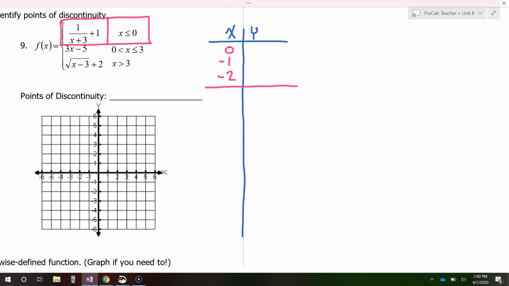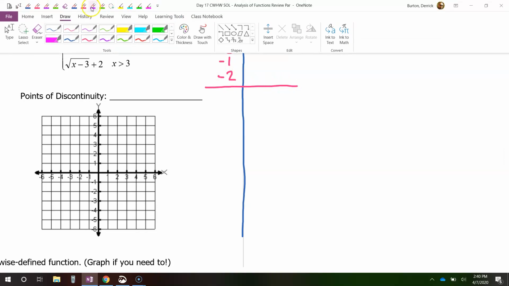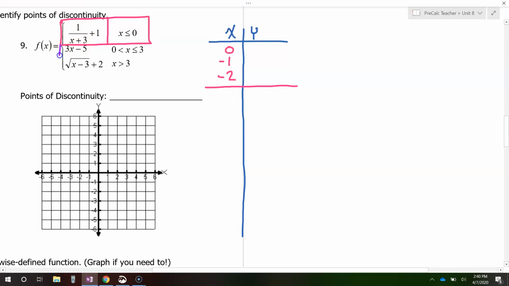Okay, now let's switch over to the next piece of the piecewise function. The domain tells us that we want x values between 0 and 3. So that means 0, 1, 2, 3.